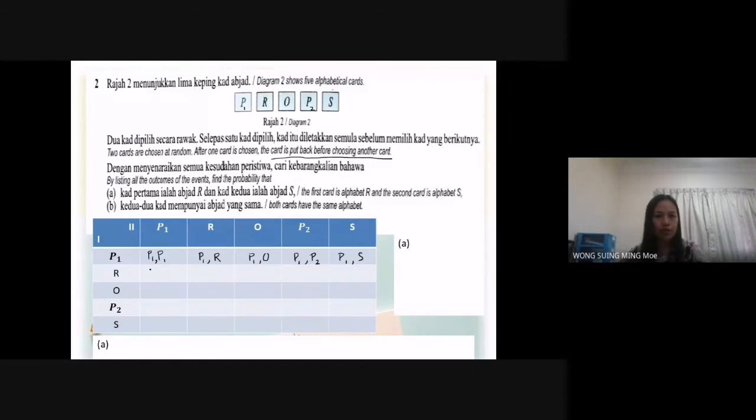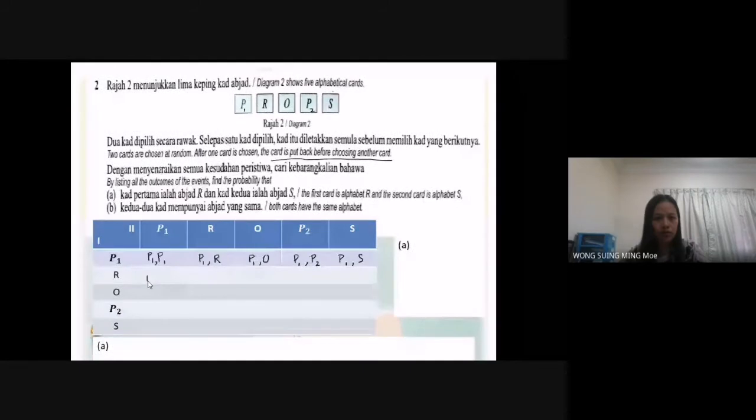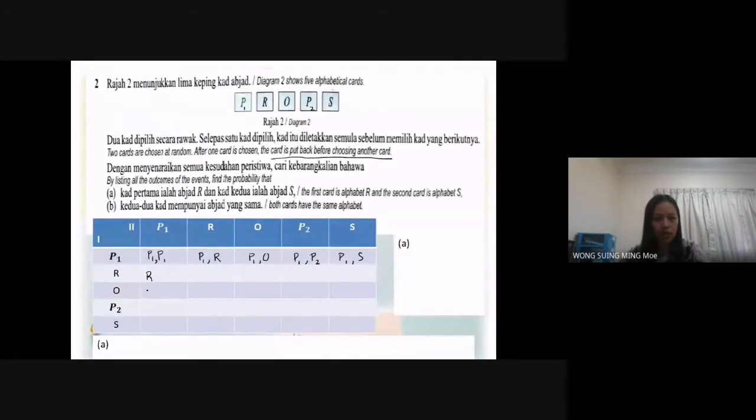So now here is R, right? So here is the first card taken out. So I write it like this, maybe it's faster. Okay, first card R O P2 S, R O P2 S, R O P2 S, R O P2 S.